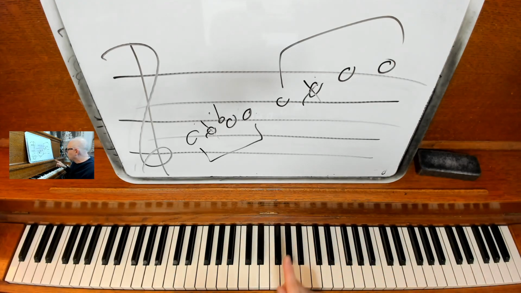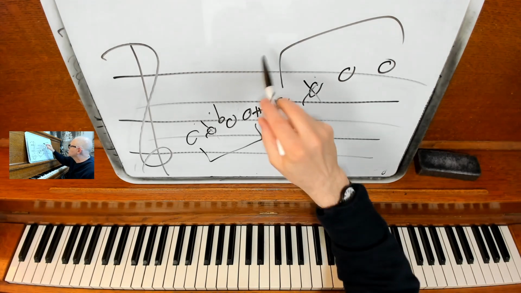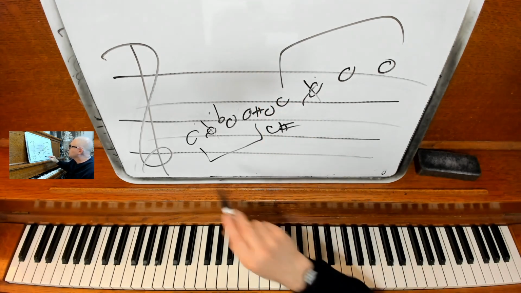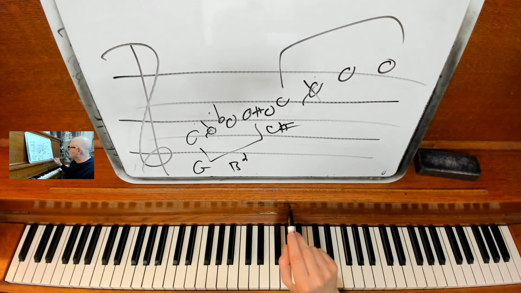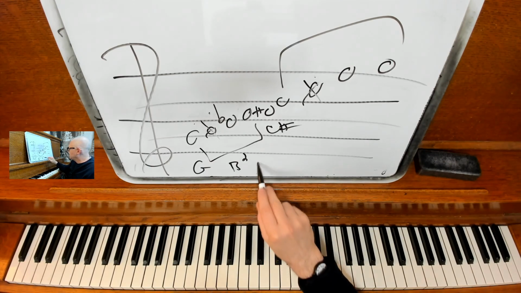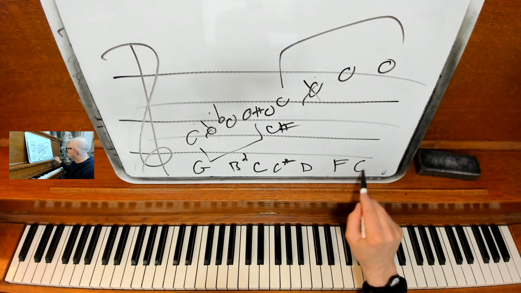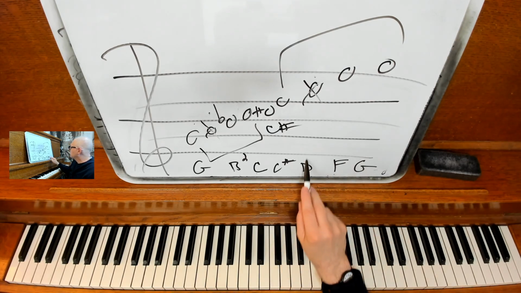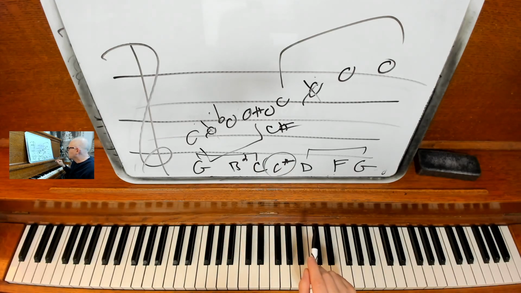And then we're going to add one other note into that. The glue in between, the little note in between, the magical C sharp in there. So we have G, B flat, C, C sharp, D, F, and G. Okay, and again, that's our perfect fourth. That's the conjunct note.